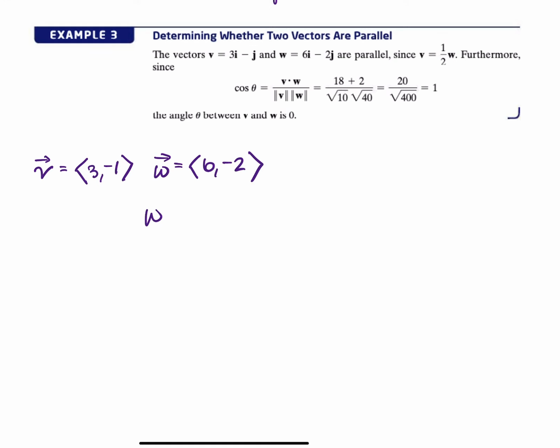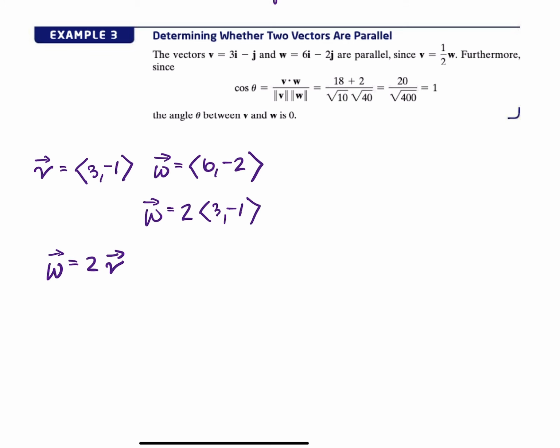So we should see, well, if we pulled out a 2 from vector w, we would get 3, negative 1, which is our vector v. We can say w equals 2 times vector v. That alone is enough evidence to show that they are parallel to each other. w is a scalar multiple of v.